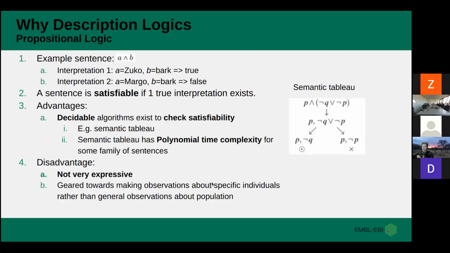Now if we look at propositional logic, it is something that we end up using in our daily lives, maybe way more often than we think. If I give you a sentence like A and B, this is the abstract logical sentence. You could have various interpretations for this sentence.